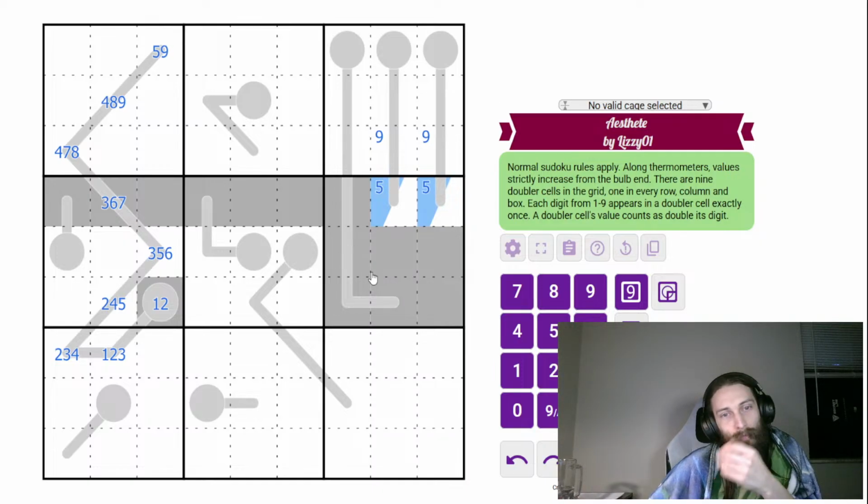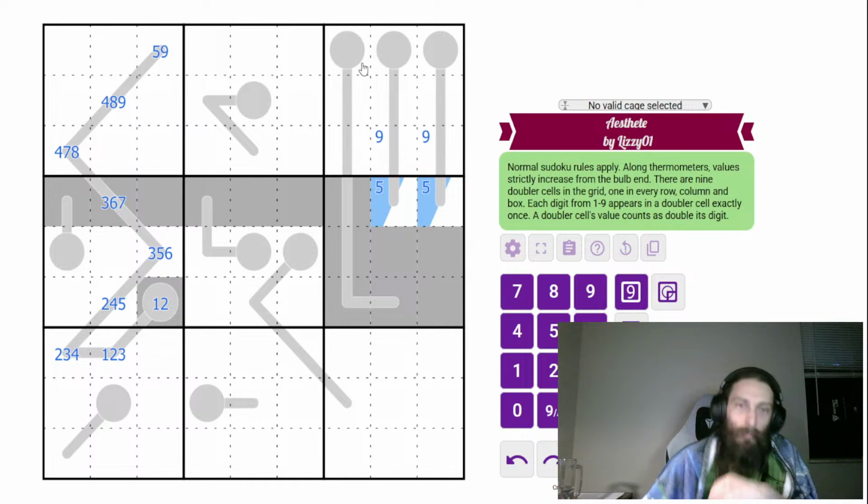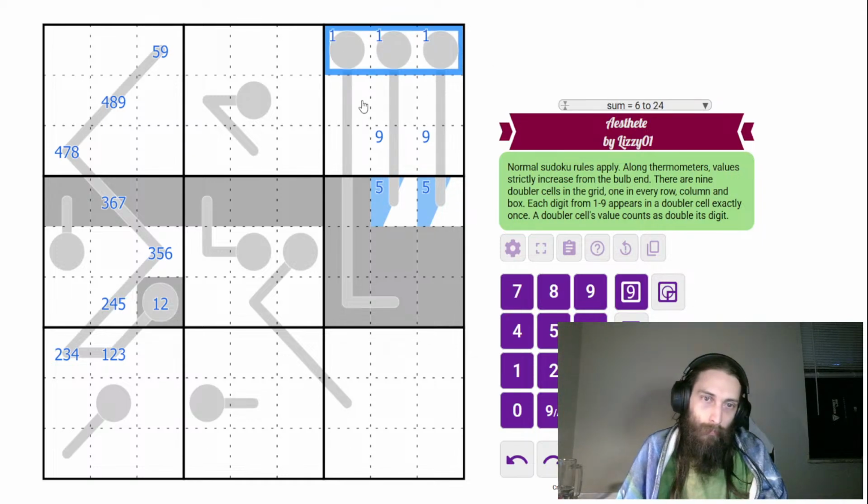But 1 is still going to have to go on a bulb, because even if you double it, then you wouldn't be able to put anything before it. Right.